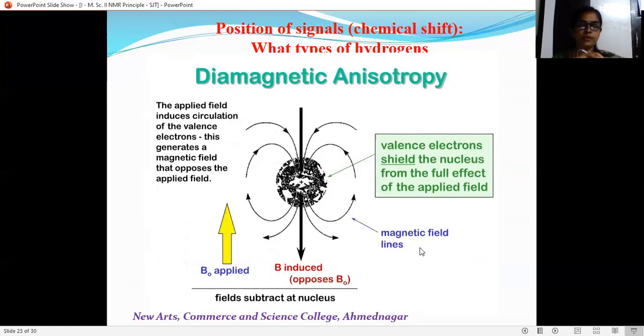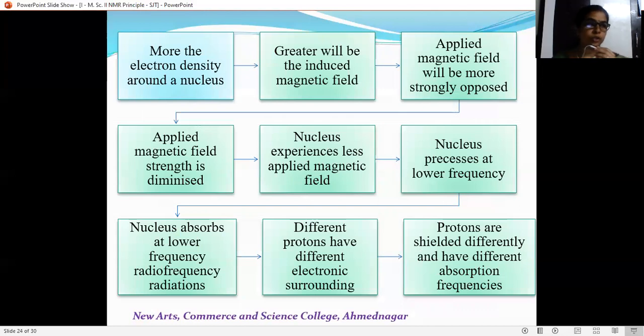So in a way, we can say that the electrons surrounding a nucleus protect the nucleus from the applied magnetic field. The more the electron density around a nucleus, the greater will be the induced magnetic field. And if the magnetic field generated is greater, then the applied magnetic field will be opposed more strongly.